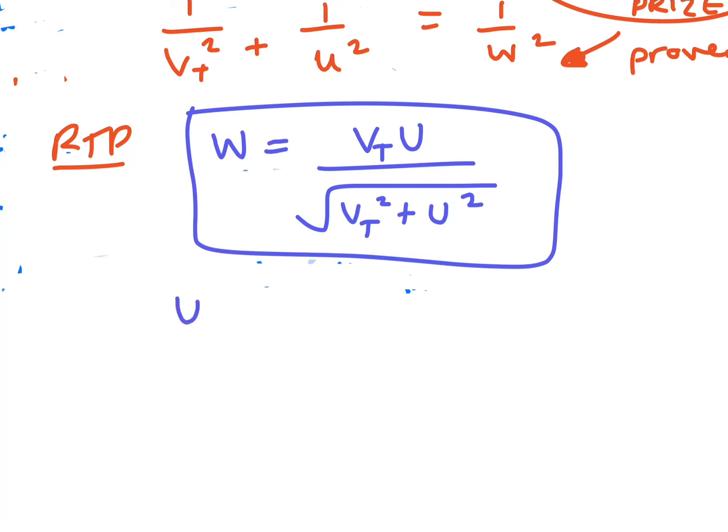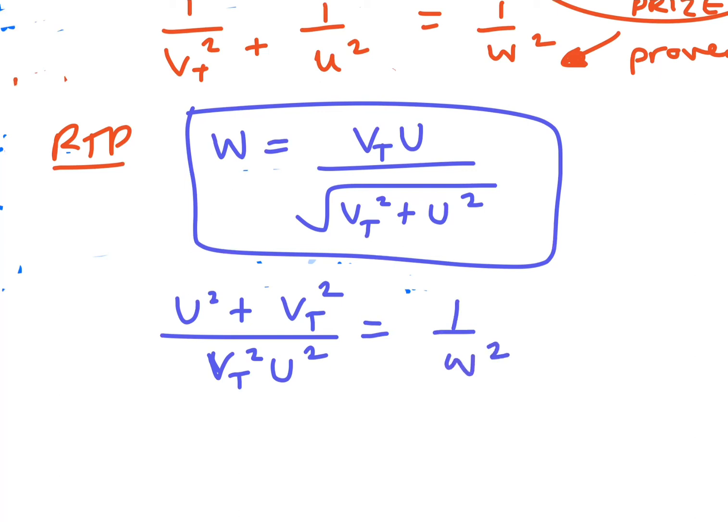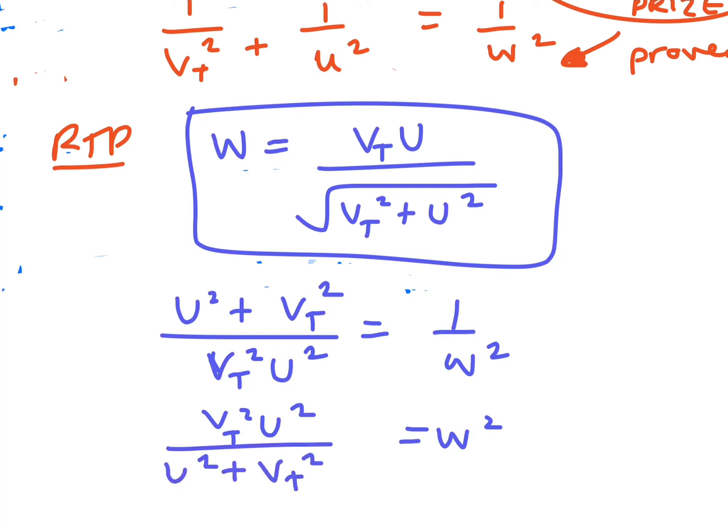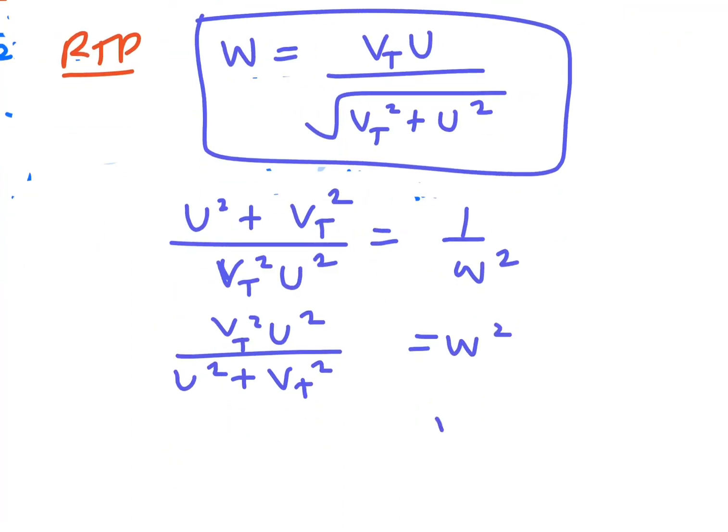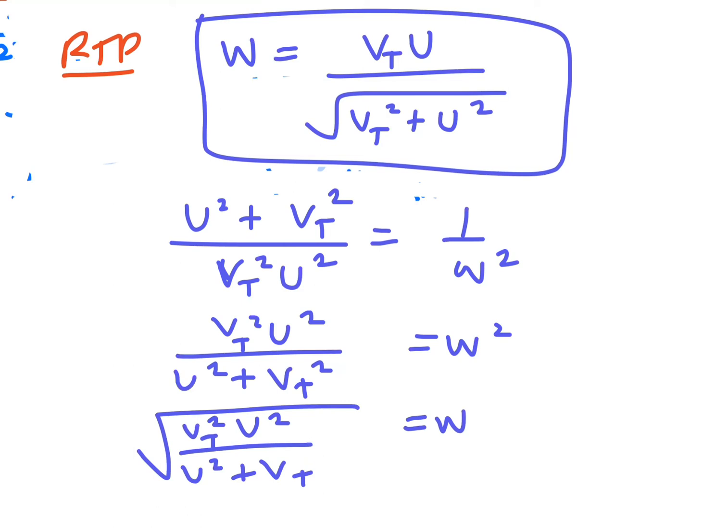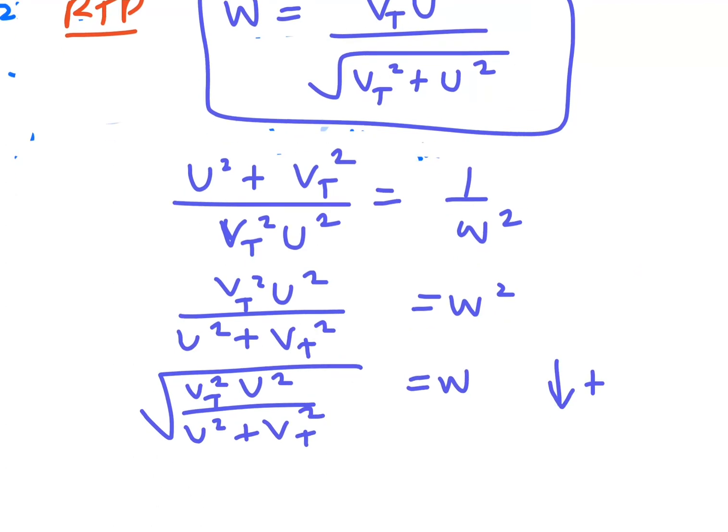So if we take what we've got there and we go mu squared plus vt squared, and we get a common denominator, vt squared u squared equals 1 on w squared, then it enables us to flip it. So it's vt squared mu squared over mu squared plus vt squared. And then all we need to do is square root it. Now we only take the positive square root because w is the velocity in the positive direction as it's falling.